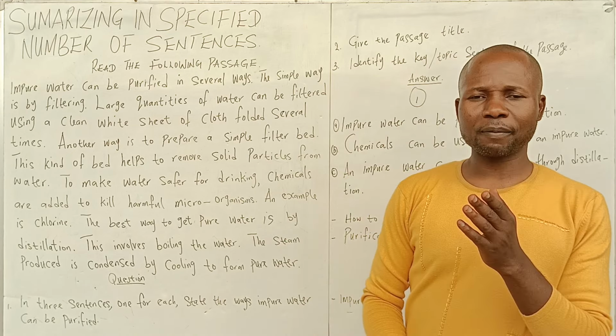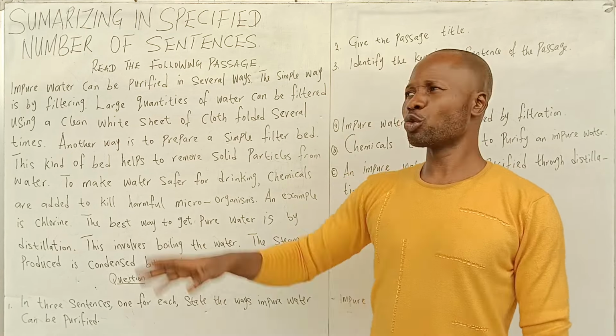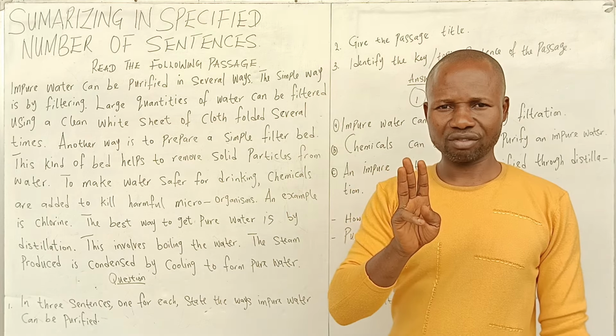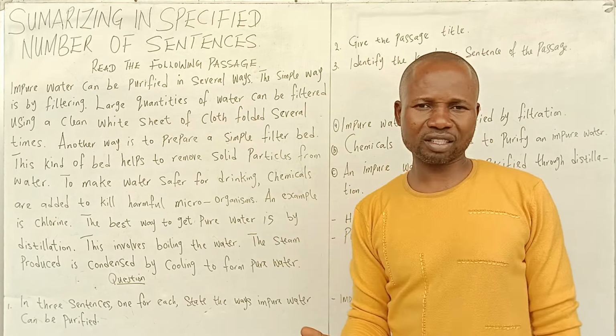Normally, in WAEC or NECO, you are advised to read the passage that will be given to you at least 3 times. The first time, maybe very fast. The second time, you calm down and read it.